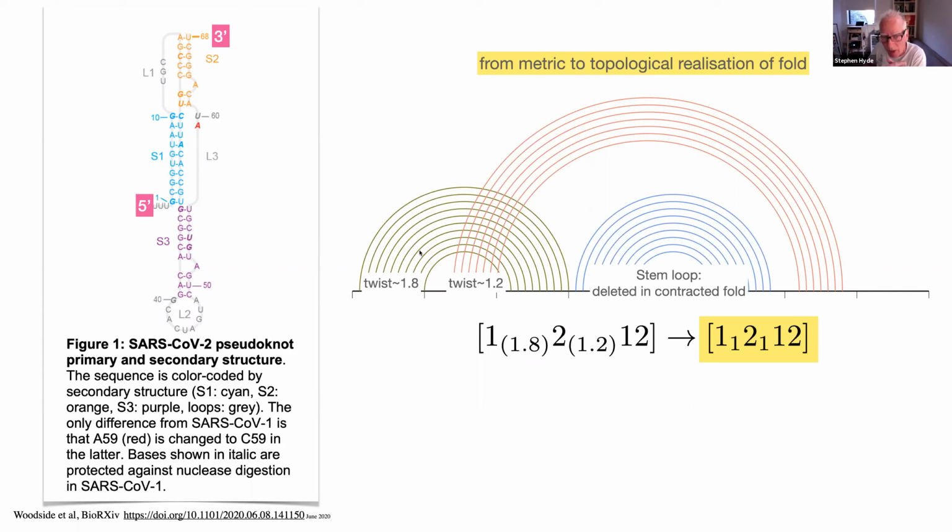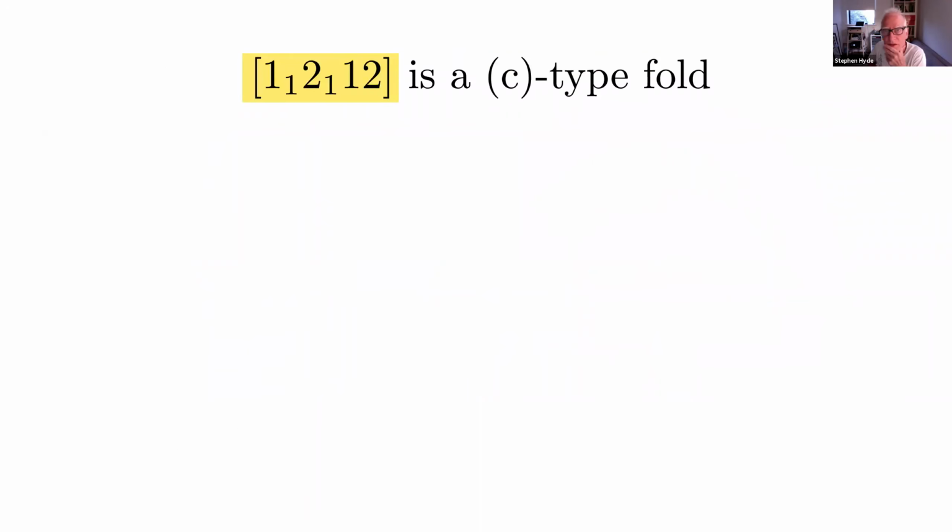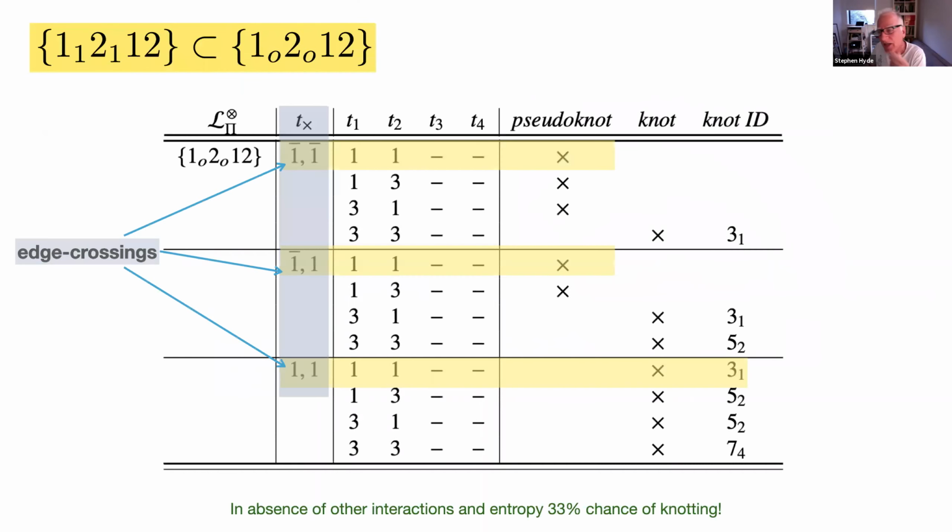So this is just green, red, green, red. That's 1, 2, 1, 2. That's actually a C-type fold because it has odd parities, and because it has odd parities, I've got 2 crossings in there. Depending on how I choose my crossings, they could both be -1, they could be -1, 1, or 1, 1. These are the crossings in the embedding of the polarized strand graph edges. These are not crossings inside the duplex; these are in the single-stranded regions.